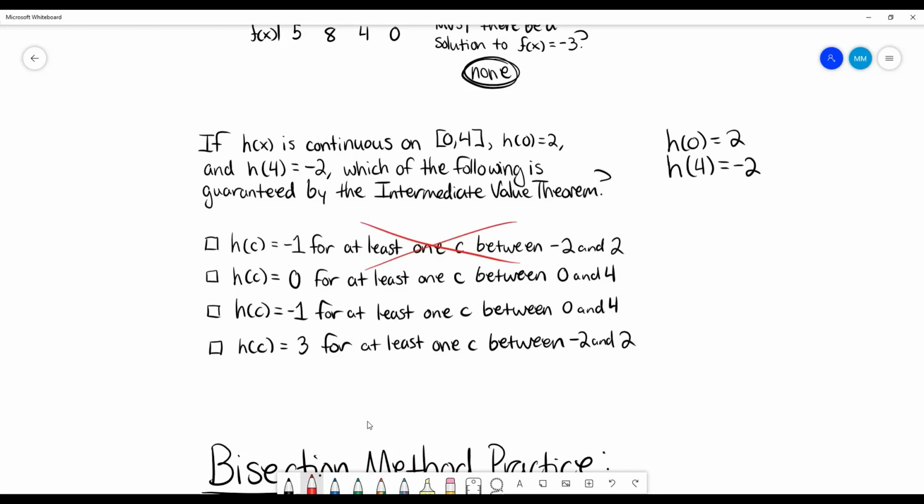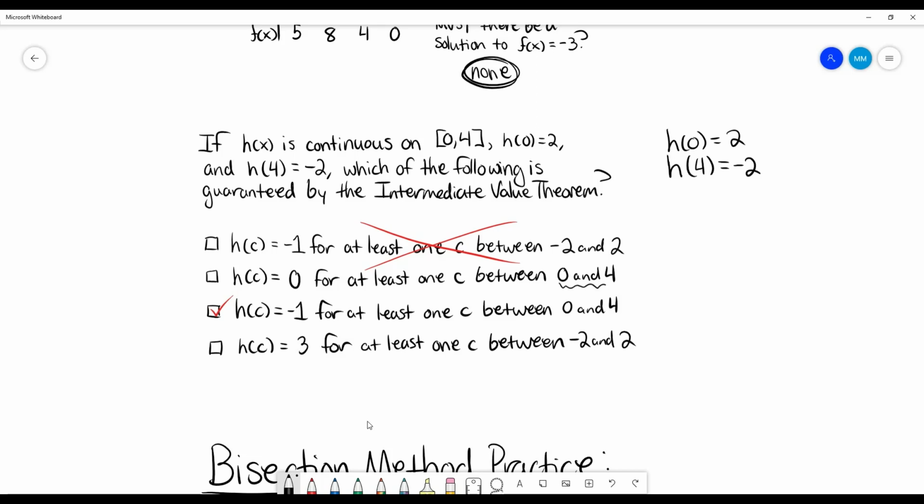And looking down, we actually see that there's that exact first bit on the correct interval, because our x goes from 0 to 4. So this one's actually going to be right. We're going to check this one. And now we're going to check this one and see if it works. So it says h of c equals 0 for at least one c between 0 and 4.